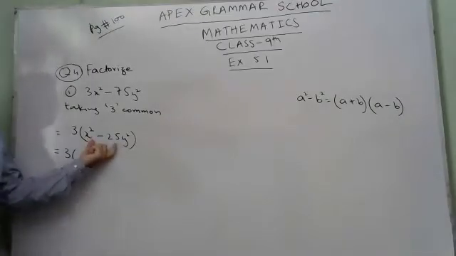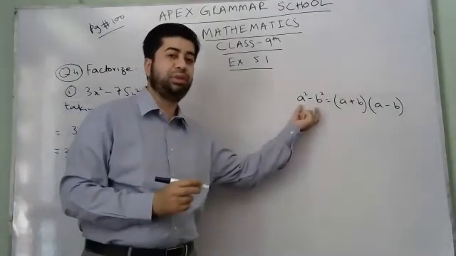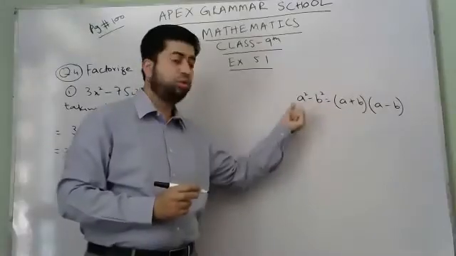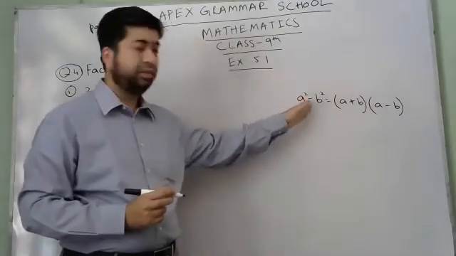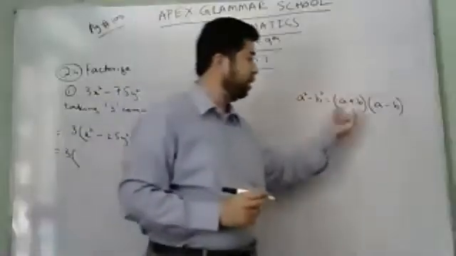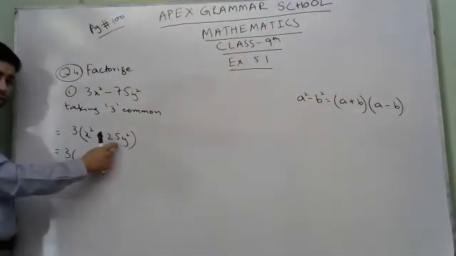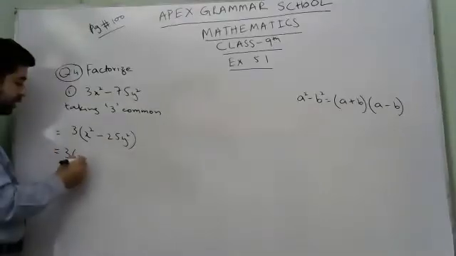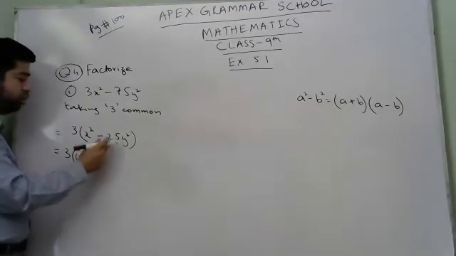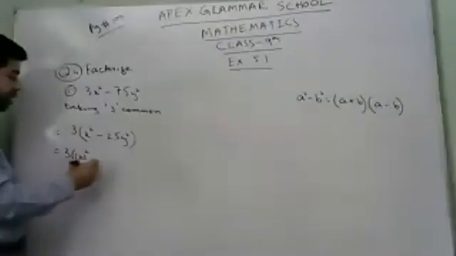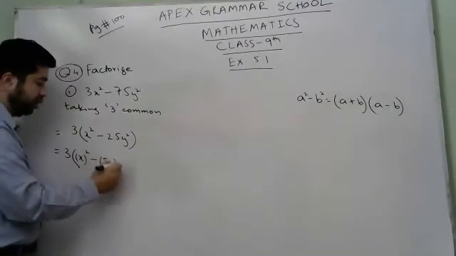This is exactly of the type a squared minus b squared. Between two squares, if there is a negative sign, this will be of the form a plus b into a minus b. This is a square and this is also a square. You can say that this is x squared minus 25y squared, which is (5y) squared.